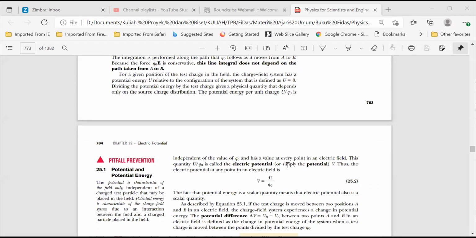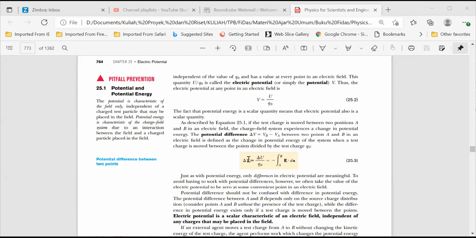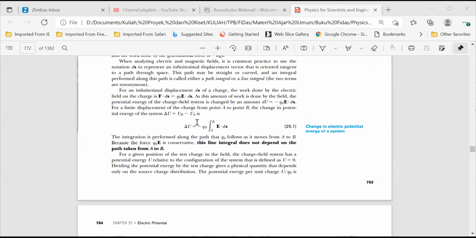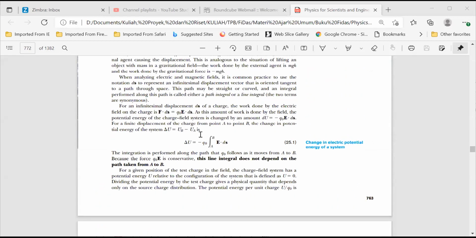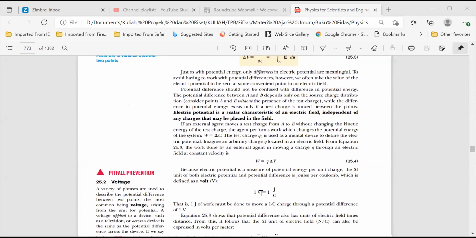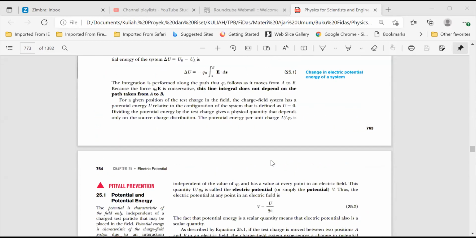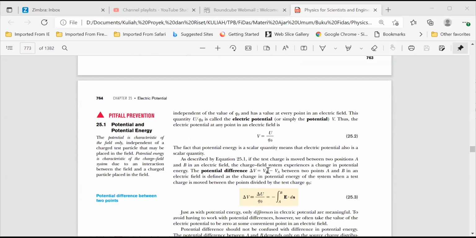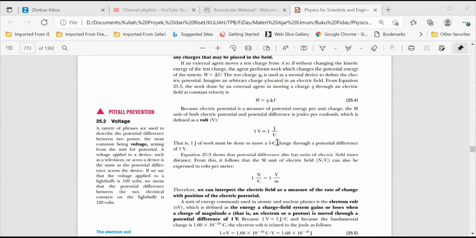So from this formula, we get the potential difference. Delta means final minus initial, so in this case we have VB minus VA.